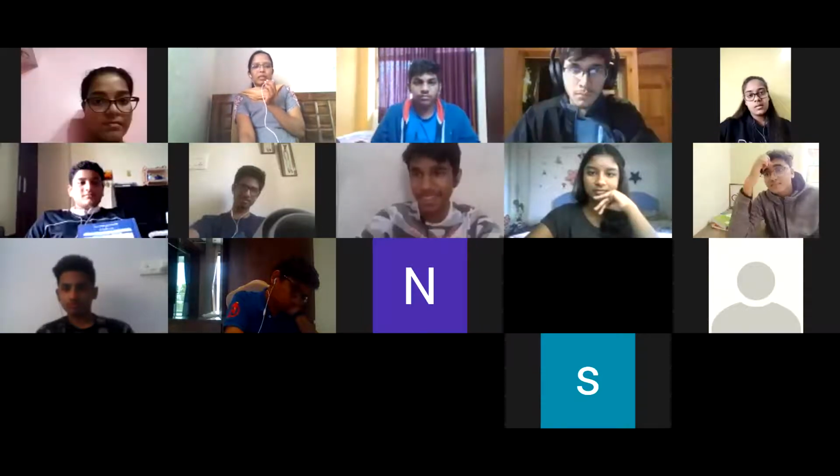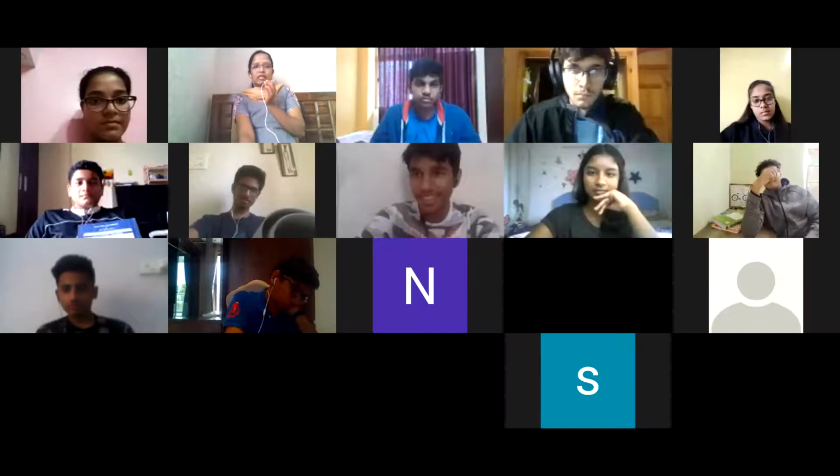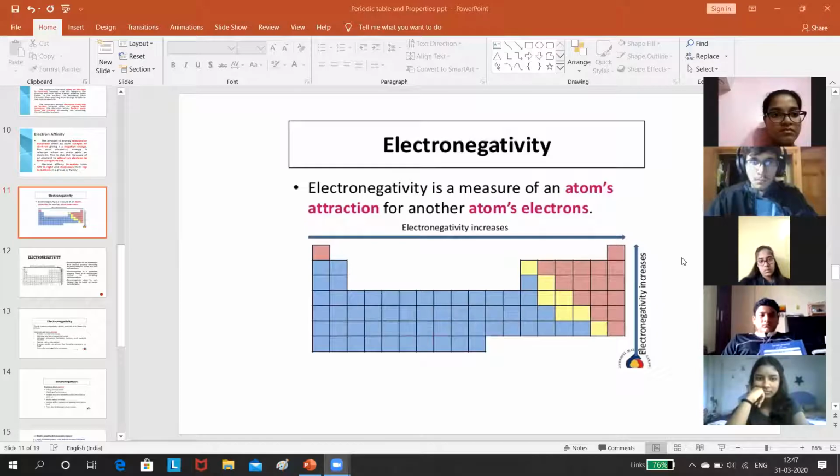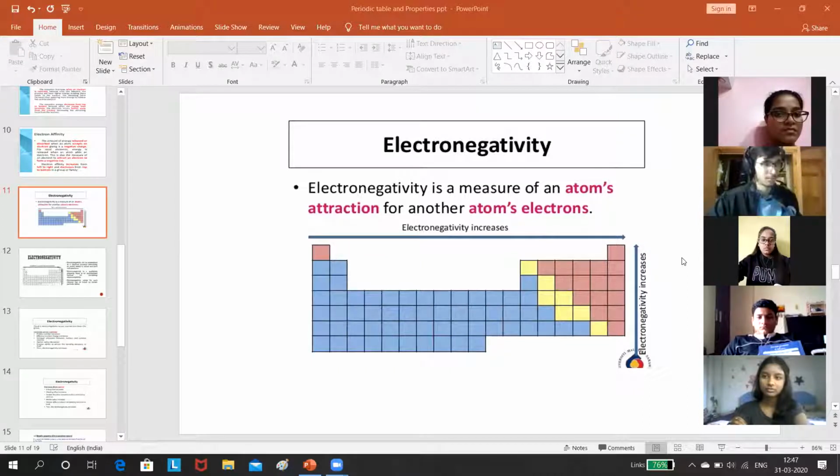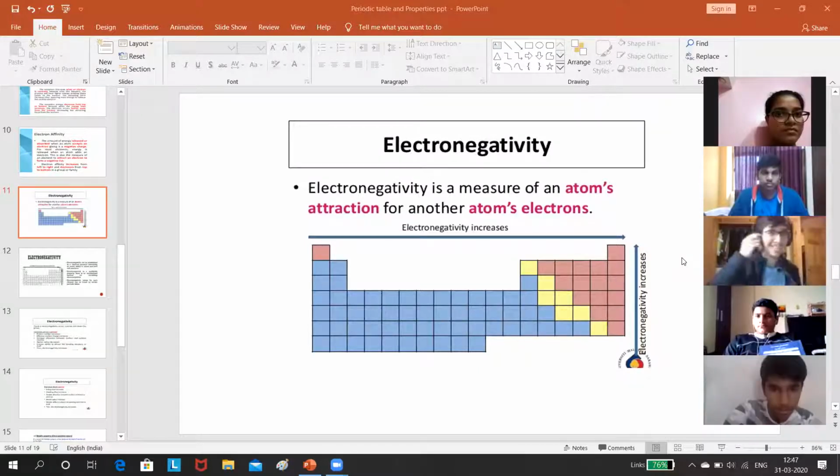Okay. So, as I told you, electron affinity is for a single atom. When we are talking about electronegativity, we compare in a compound. For example, hydrochloric acid, HCl. We know that HCl is formed by a covalent bond between hydrogen and chlorine, right? So a pair of electrons is being shared between hydrogen and chlorine.